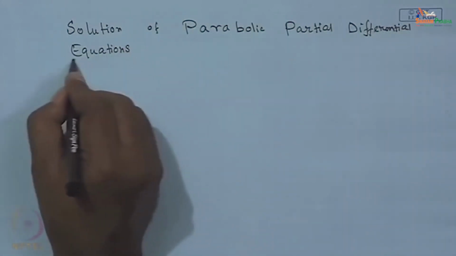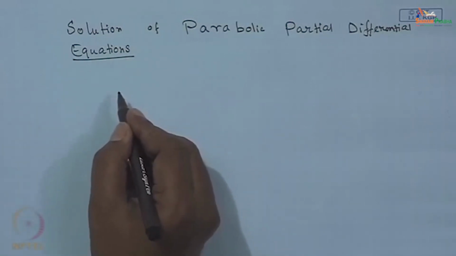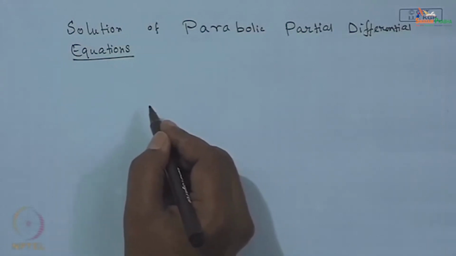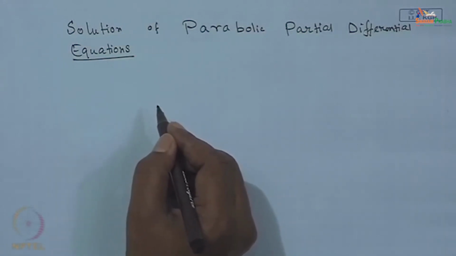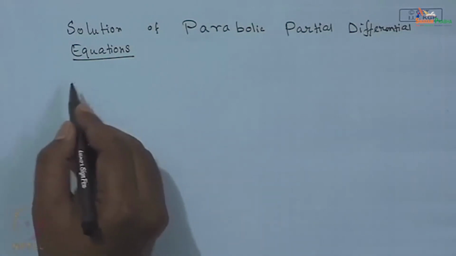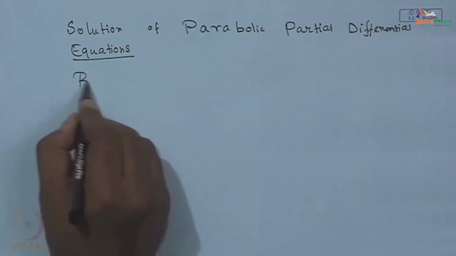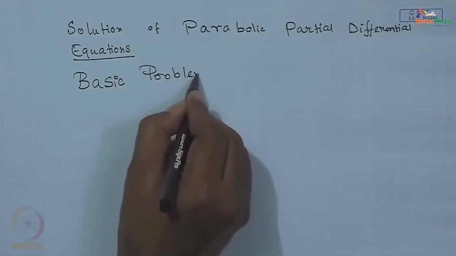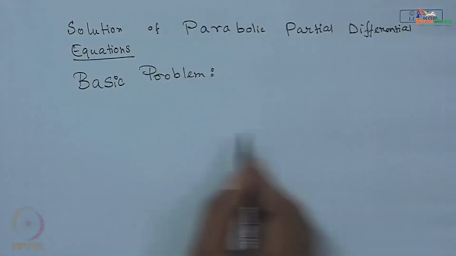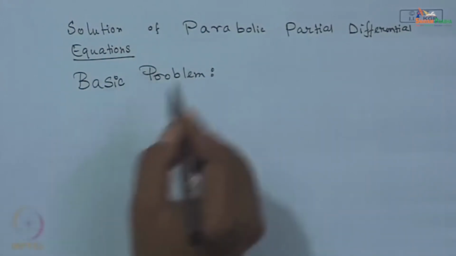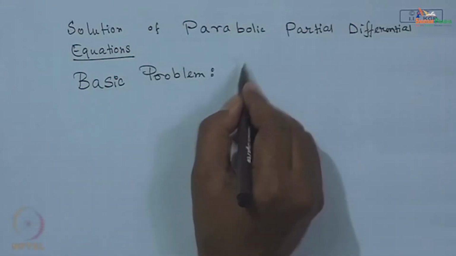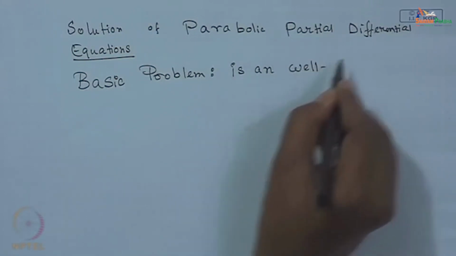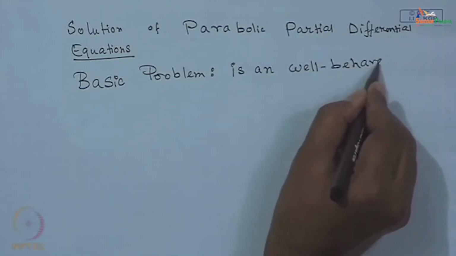We will look into the solution of the basic problem, then the solution of an ill-posed problem, and then we will construct the complete solution by taking up one actual example of an actual problem. So, we will be looking into the basic problem. First of all, let me define what I mean by a basic problem. A basic problem is a well behaved, or well posed, problem.